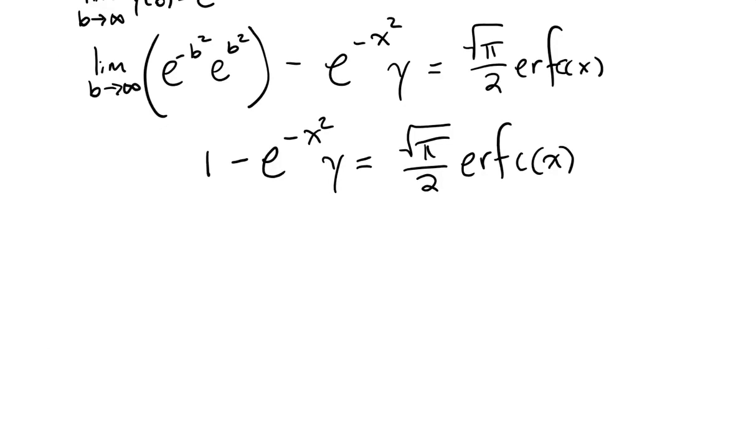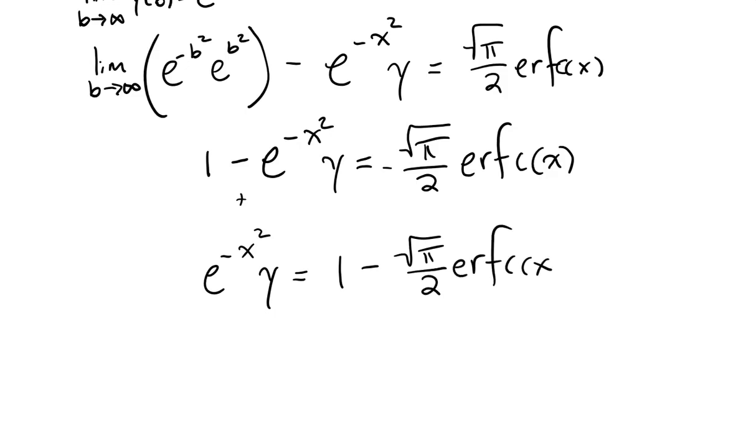Now to solve for y, we can add this term over and subtract this term. So what we get is e to the minus x squared y is equal to 1 minus root pi over 2 times the complementary error function of x.